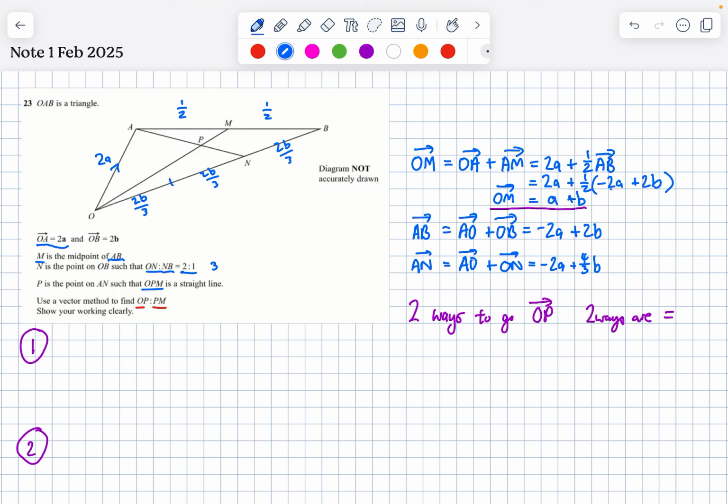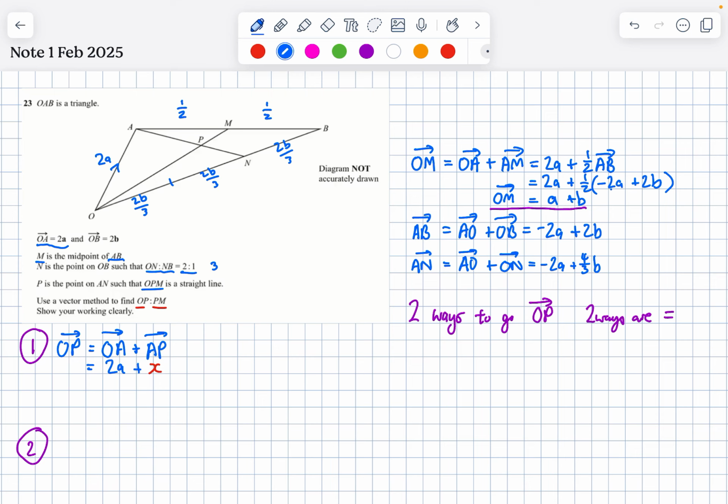My first one, to go from O to P, I'm going to go from O to A, and then from A to P. O to A, that's easy, 2A. A to P is somewhere along the line A to N, so I'm going to call that x.